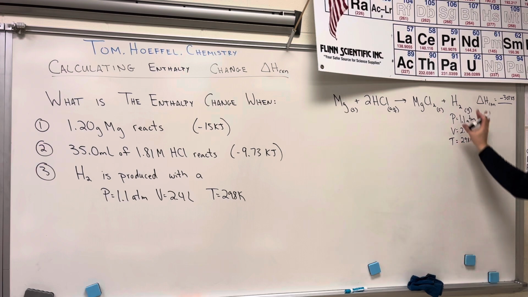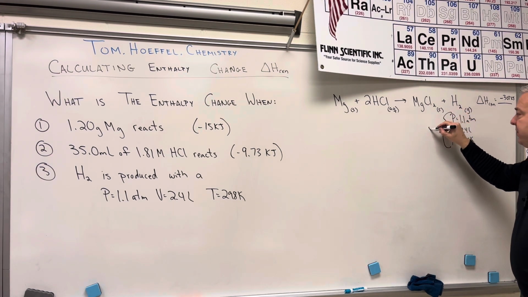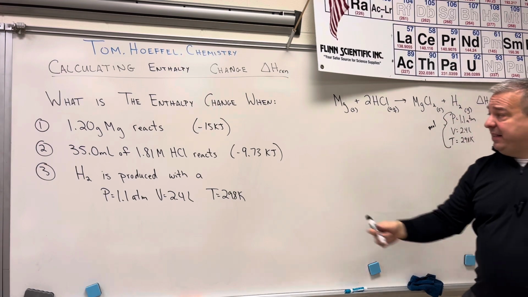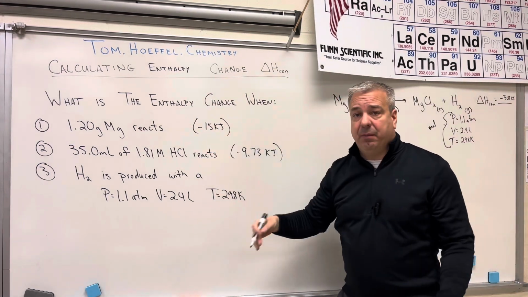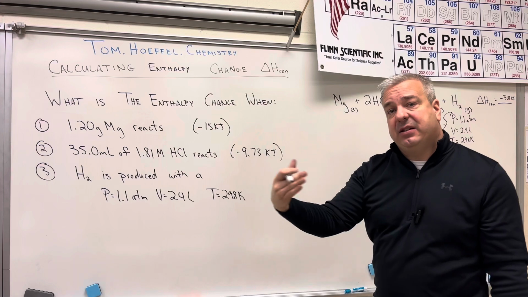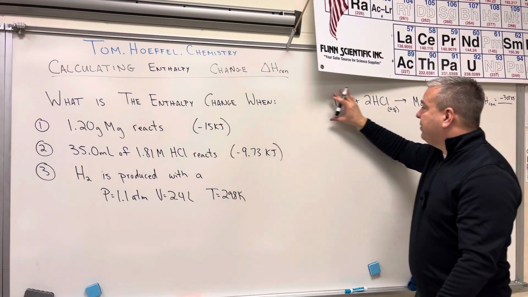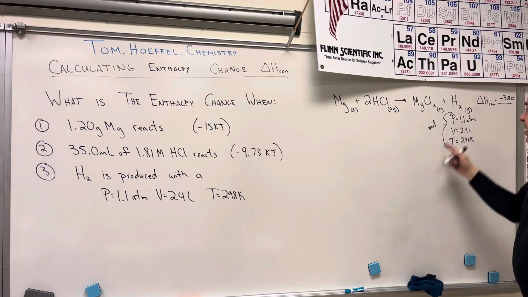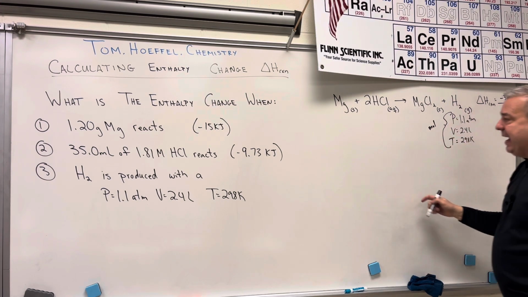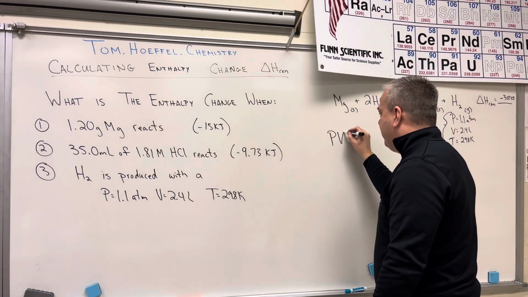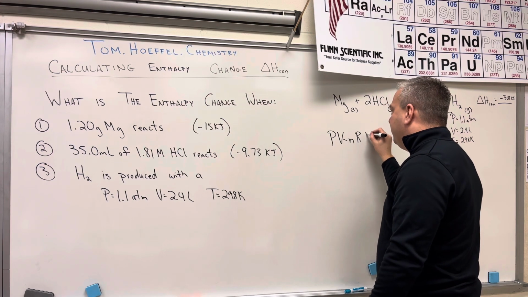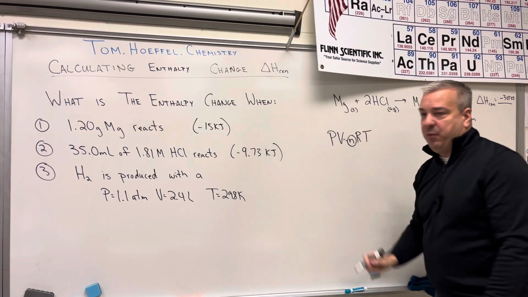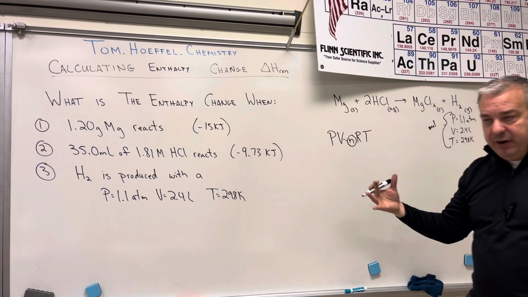We need to take this information and get it into the unit moles. In fact, that's what we've been doing every single problem. We just convert that information into moles, and then we use our chemical reaction to convert the moles into energy. Since we're dealing with a gas, we're going to be using the equation PV equals nRT, solving for moles, which is the variable n here.